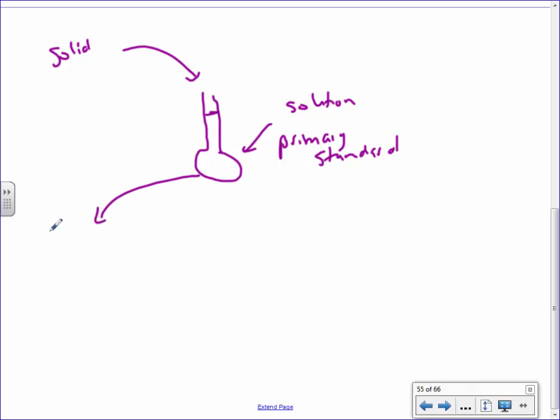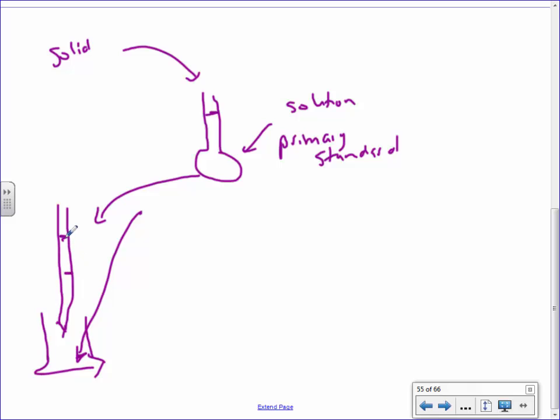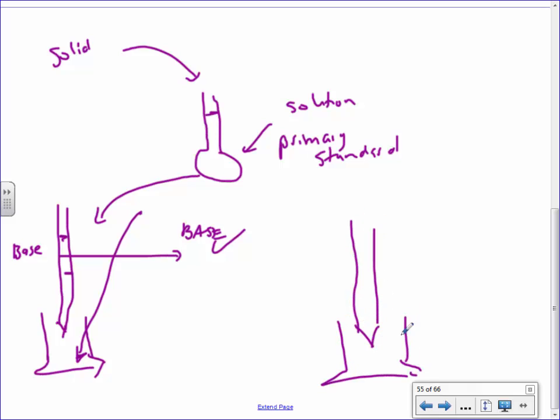Then you use that primary standard down here, and you do a titration with a base. And then based on that, then you know the concentration of the base. And then what you use is you use that base a second time, and you use that base to then titrate something else.